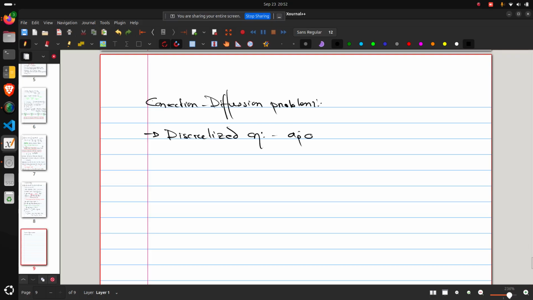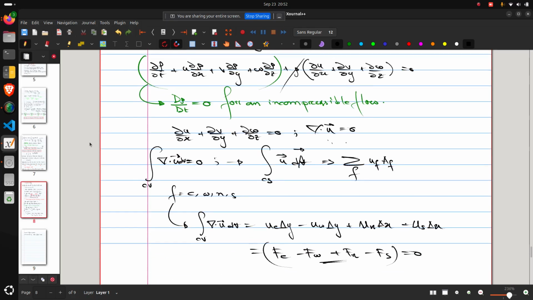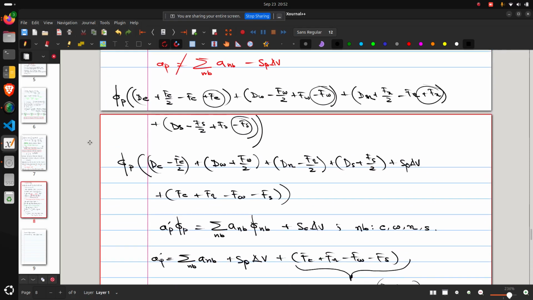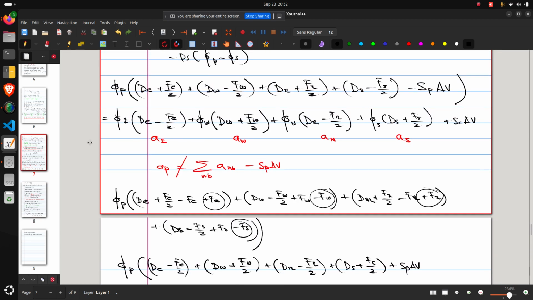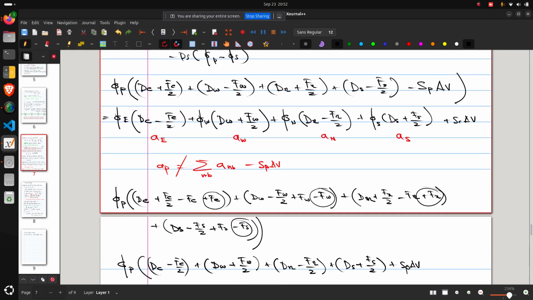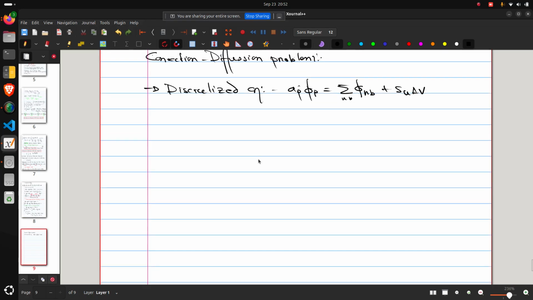So, A p prime phi p is A nb phi nb plus S u delta v. But if you look closely at the coefficients of the AE, AW, you will see that some of the coefficients, like this AE and AN, let us just look at the AE part. dE minus Fe by 2.